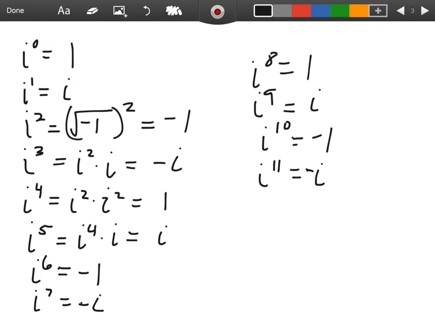And it just keeps going and going. Well, you see it repeats every fourth time. So we're never, ever going to have a time where we should have i with a large exponent on it. Never.